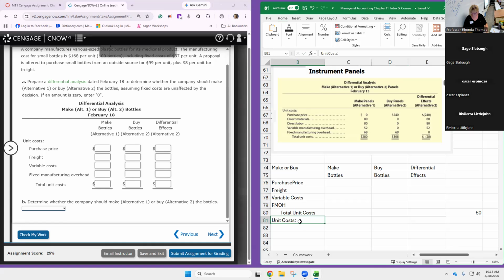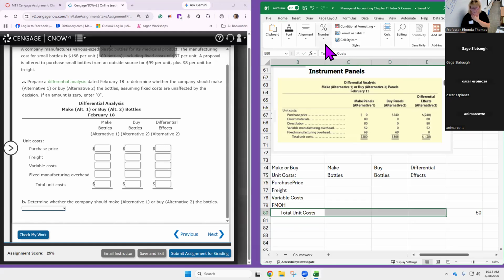Put that up here. All right. So now we are ready. So we'll have unit costs, total unit costs, as our equation. That's what we're trying to find. So that one's going to go up here.